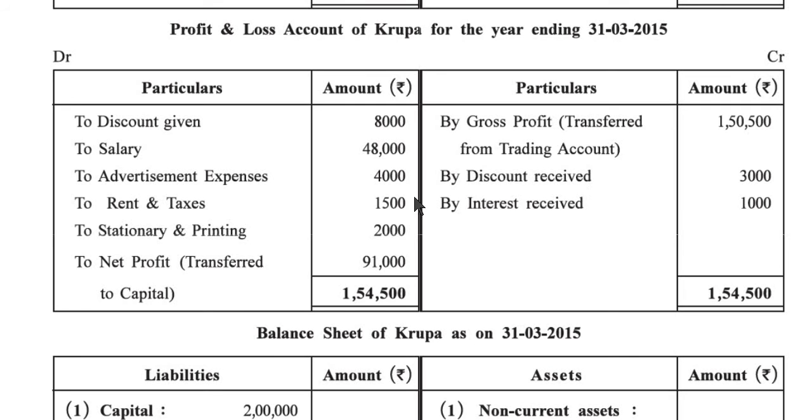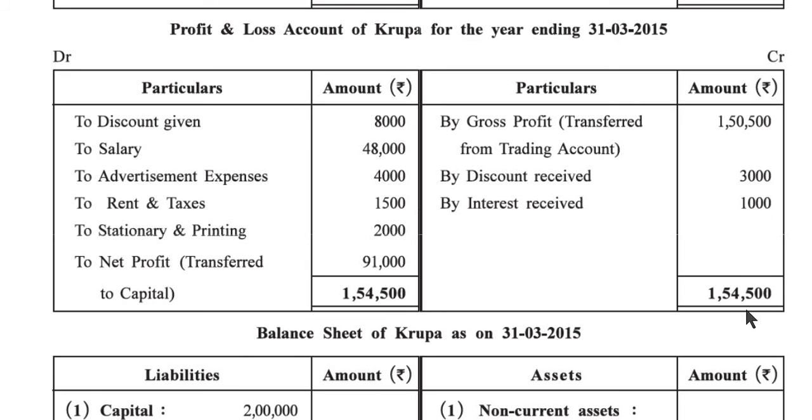Now after gross profit, discount received 3,000 and interest received 1,000, it is income. Discount given, expense 8,000, salary 48,000, advertisement expense 4,000, rent and taxes 1,500, stationery and printing 2,000.